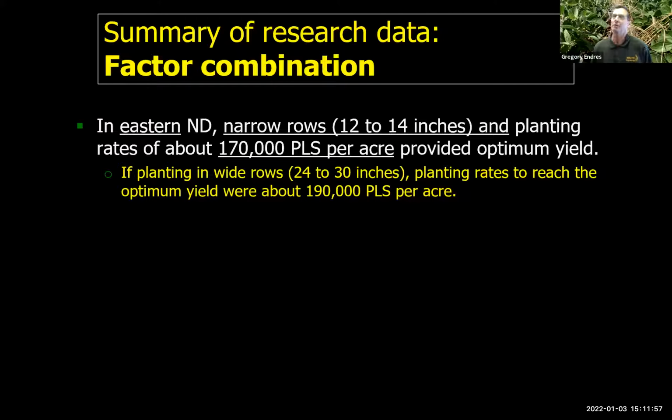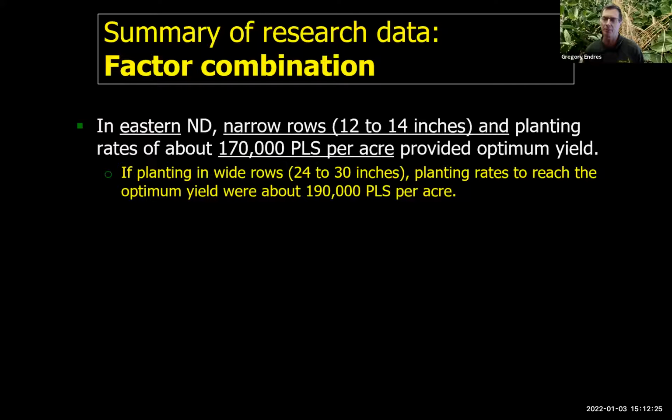So what is the summary? We looked at East and West North Dakota, and we looked at the factors individually, but for today's discussion, I just want to mention our summary for Eastern North Dakota, and that is that narrow rows definitely out-yielded the wide rows, along with the use of planting 170,000 pure live seeds per acre.